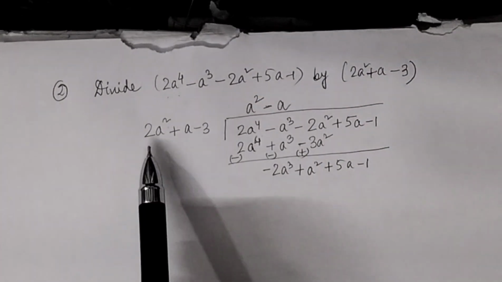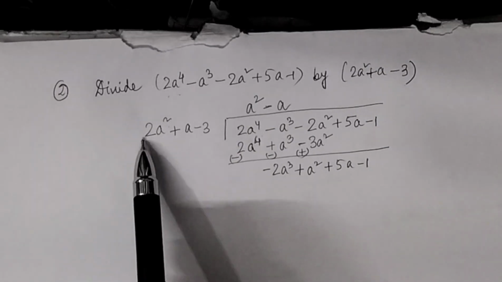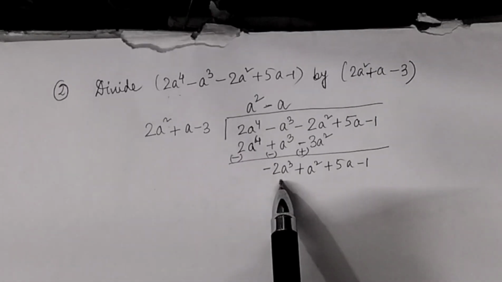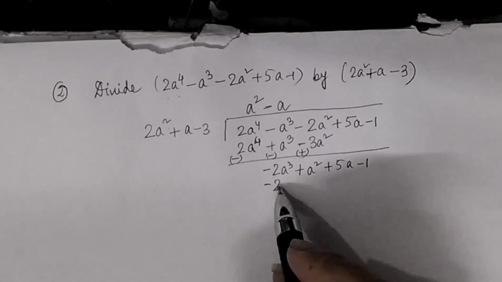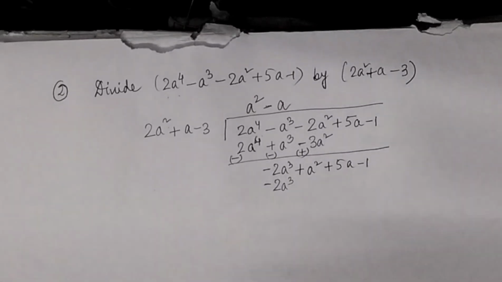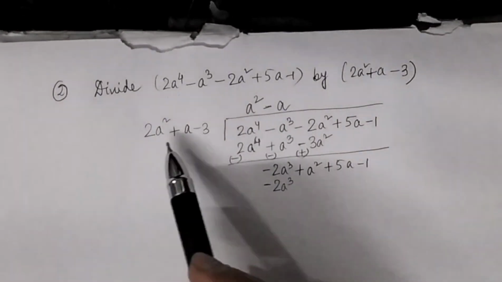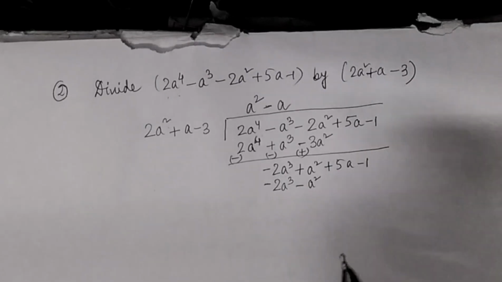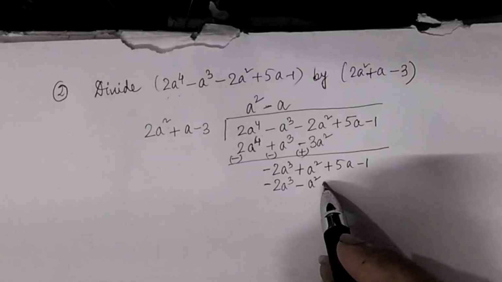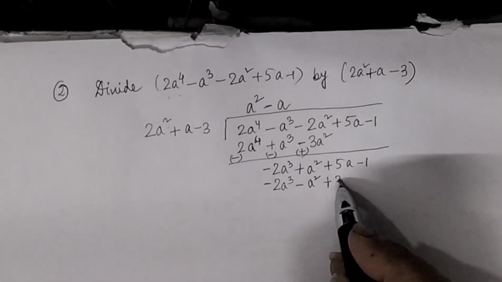Because when minus a is multiplied with 2a square, it will give us minus 2a cube, means this term. So hence we will get minus 2a cube. And hence continuing the calculation, we will get minus a square and plus 3a, right?